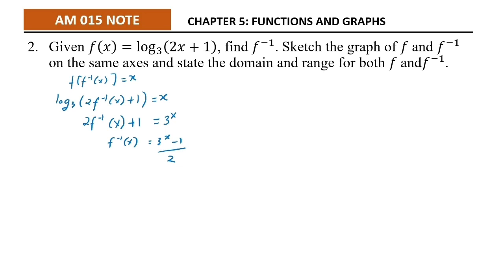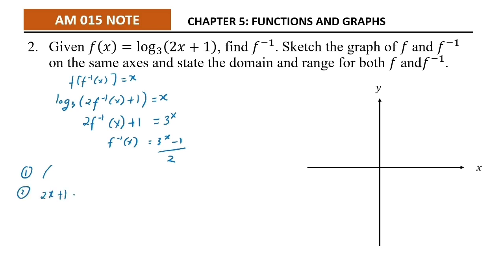To sketch f and f inverse, for f we need the shape: positive x, positive log, so from below to the right. The asymptote is 2x plus 1 equal to 0, x equal to negative 1 over 2. So x equal to negative 1 over 2 is the asymptote, here.